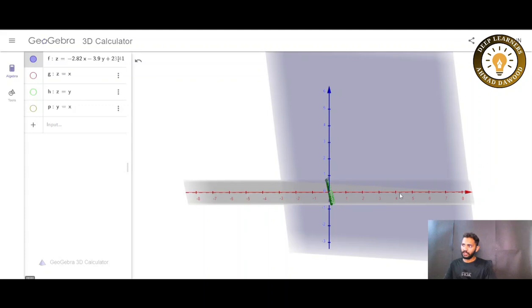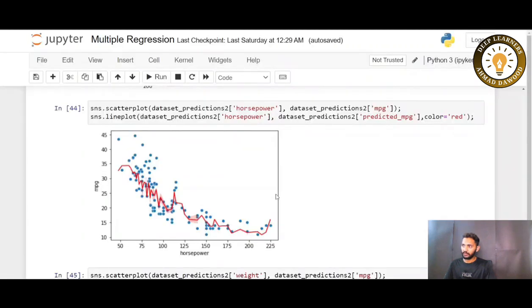Your graph will be in this way. If you are interested in seeing your graph this way, you can see from here. The line is very fluctuating. It is like we have compressed the two-dimensional plane into just one line, so that's why it is giving you a line.